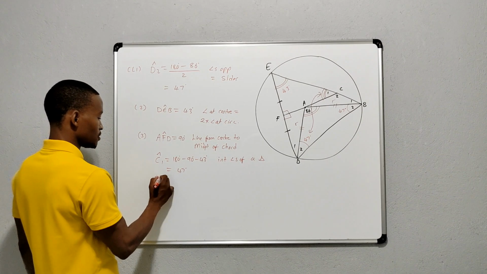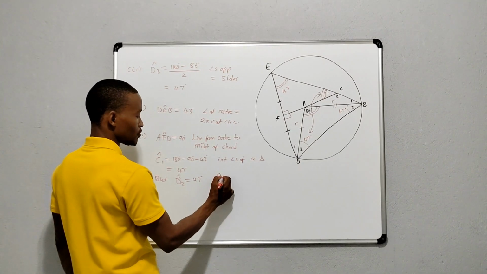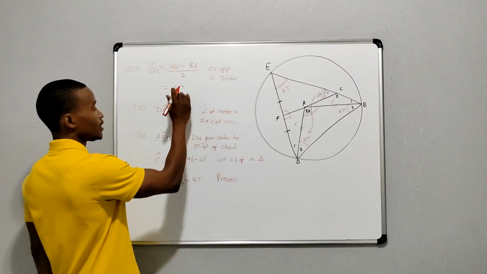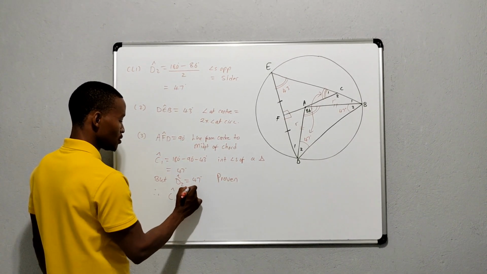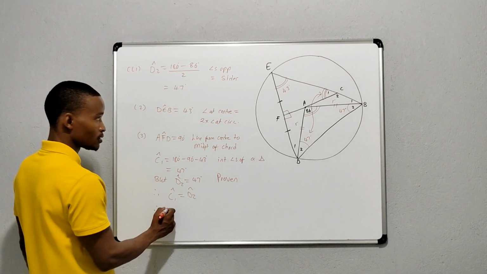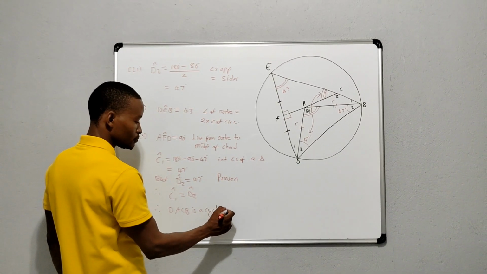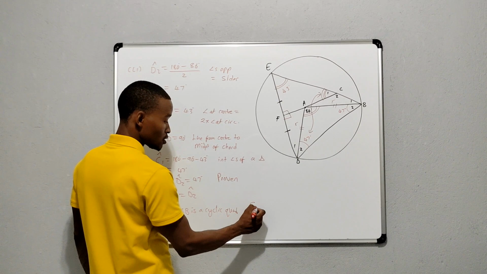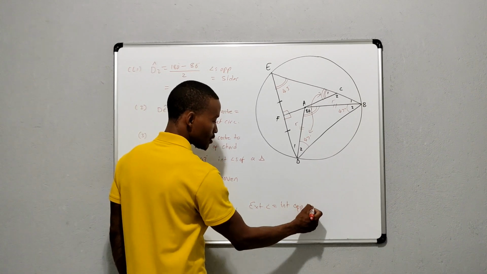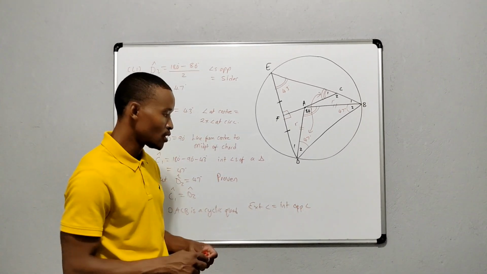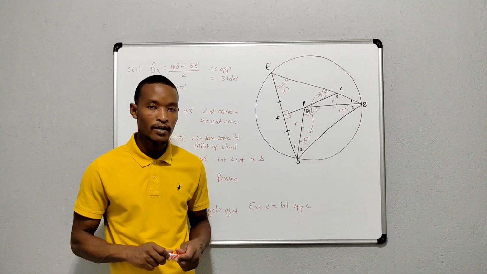But we know that angle D2 is equal to 47, which was proven in question C1. Therefore C1 is equal to D2, which means that DACB is a cyclic quad because exterior angle is equal to interior opposite angle. Alternatively, this reason can be written as converse of exterior angle of a cyclic quad.